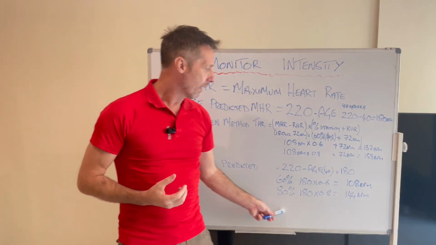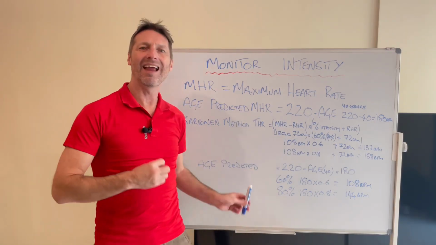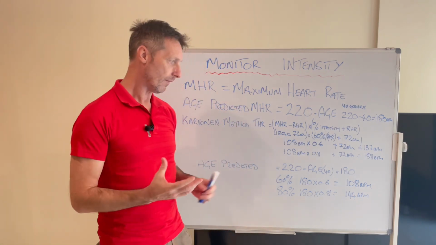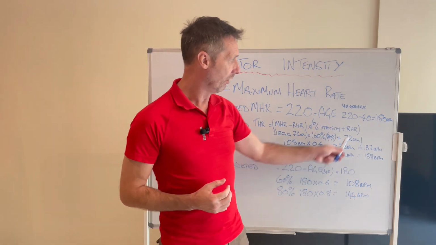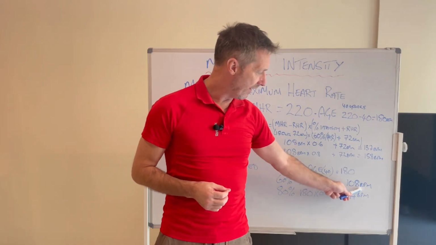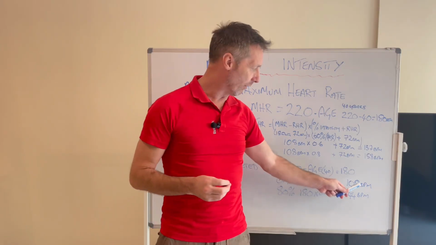Now, can we see the problem with using the age predicted maximum heart rate? If my client, for example, is 50 years old, then the 60% will drop and the 80% will drop.